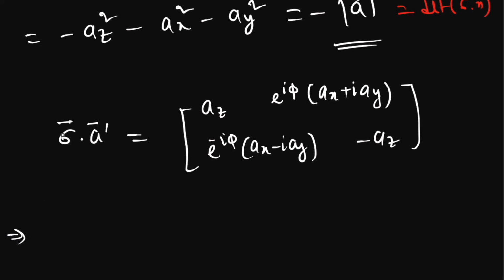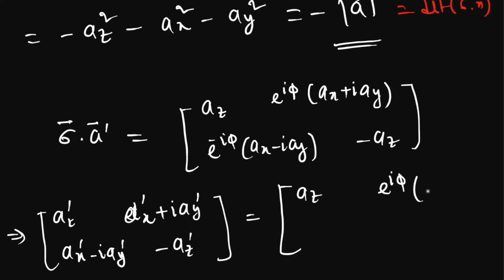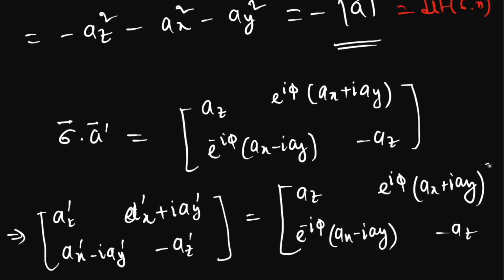We know that sigma dot a prime will be az prime, ax prime plus i ay prime, ax prime minus i ay prime, minus az prime, which is equal to az, e to the power i phi into ax plus i ay, e to the power minus i phi into ax minus i ay, minus az.